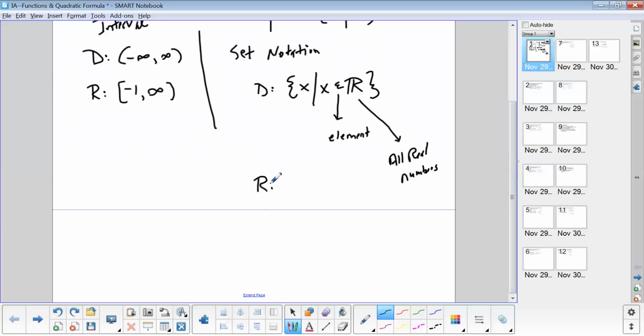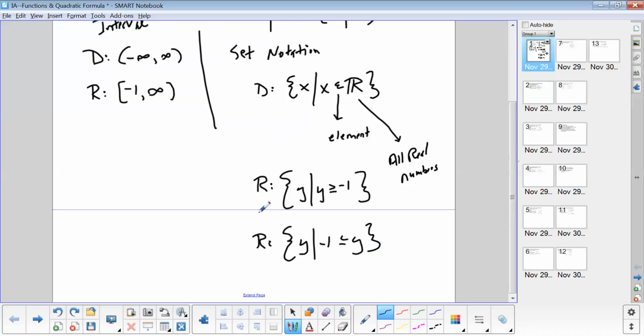And the range, since we went from -1 to +infinity, the range will involve y values. So all values y such that y is greater than or equal to -1 would be one way to write that. Or you could say all values of y such that -1 is less than or equal to y. Either one of these would work for your range, and there would be your domain.